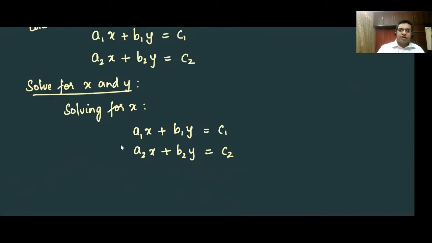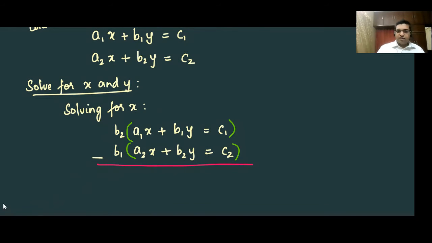We eliminate y. So now, how do we eliminate y? So let us see this. What we do is we multiply the first equation with b2 and the second equation with b1. So when we do that, the second term becomes b1 b2 y in the first equation, and the second term becomes b1 b2 y in the second equation.